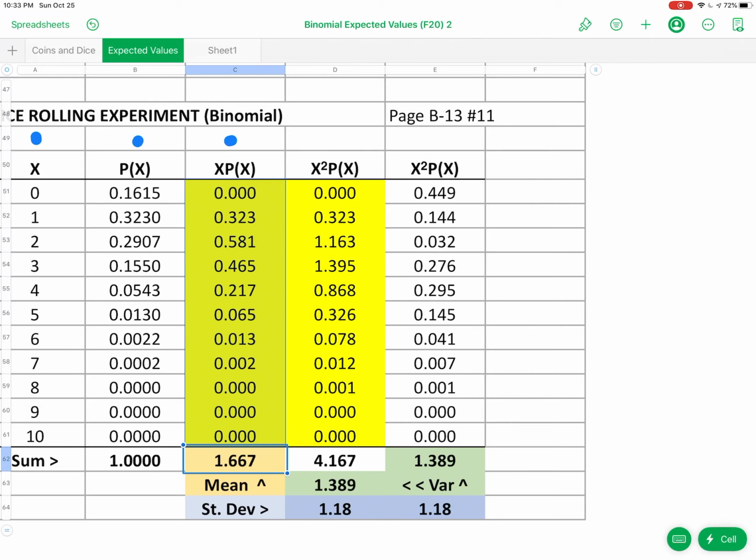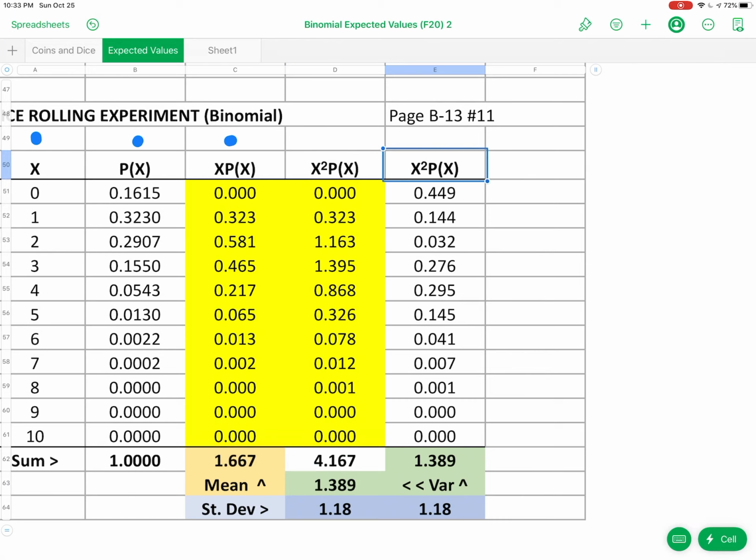And when we add all those up, the sum of the x times the p of x's is just the mean. So that's 1.67. The calculation that I've just done here for the variance is, if you take each x and square it times its p of x and add them all up, we would get 4.167 minus the mean, 1.667 squared, and that will give us 1.389.